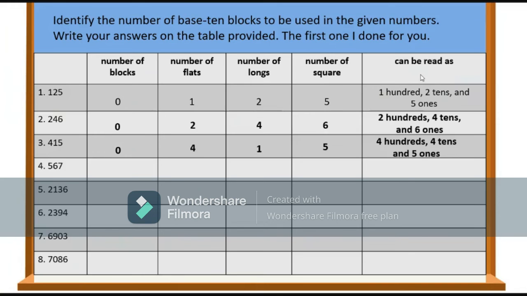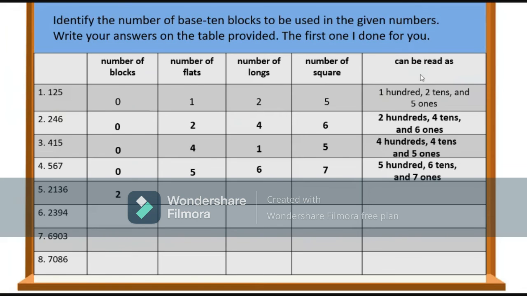Okay, next. Blocks is 0, flats is 5, longs is 6, and then squares is 7. So we have 500, 6 tens, and 7 ones.